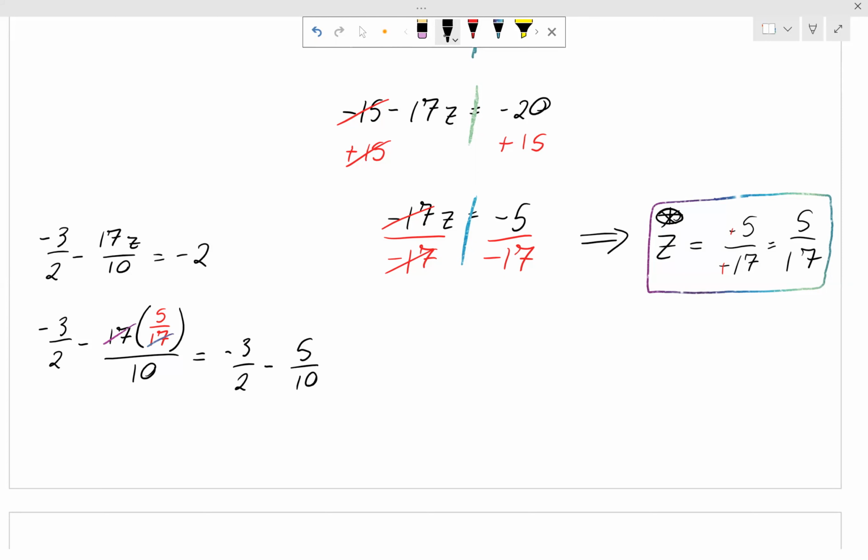This 5/10, I can simplify a little bit more and I'm going to get 1/2. So I get negative 3/2 minus 1/2. I have a common denominator, so then I add and subtract my numerators, and I'm going to get negative 3 minus 1 over 2, which is negative 4/2, which is negative 2.